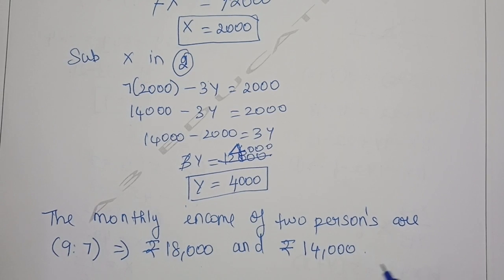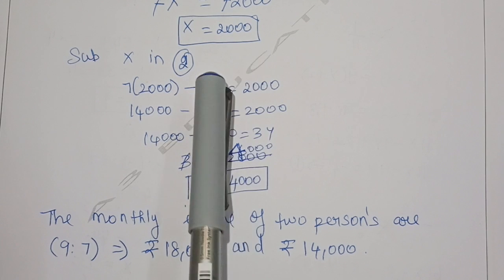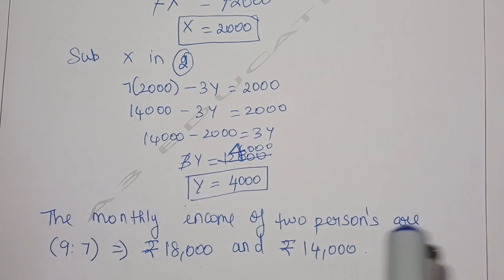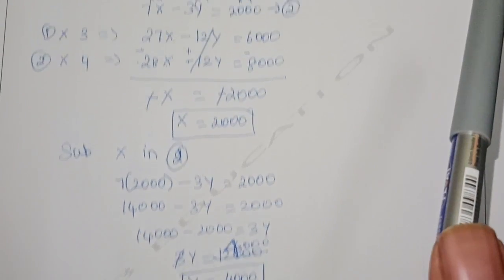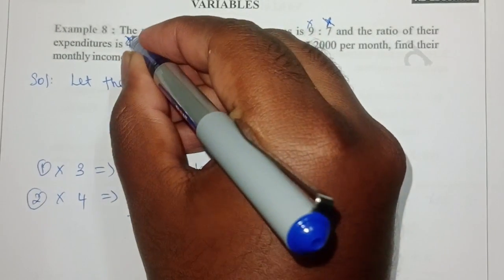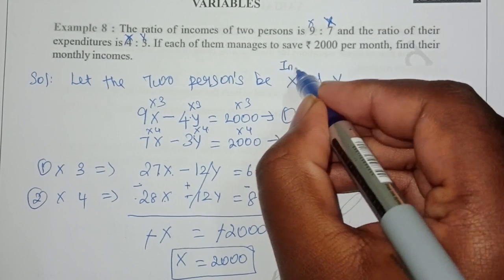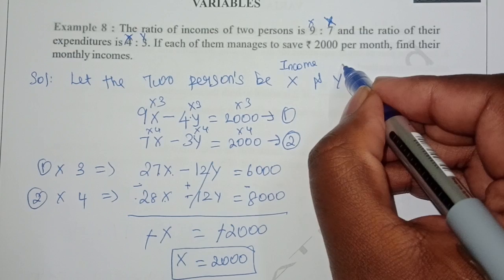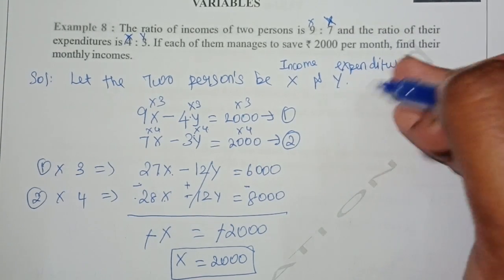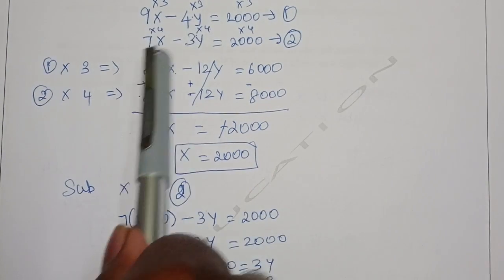The value of x denotes the income and the value of y denotes the expenditure. In both equations we took income minus expenditure.